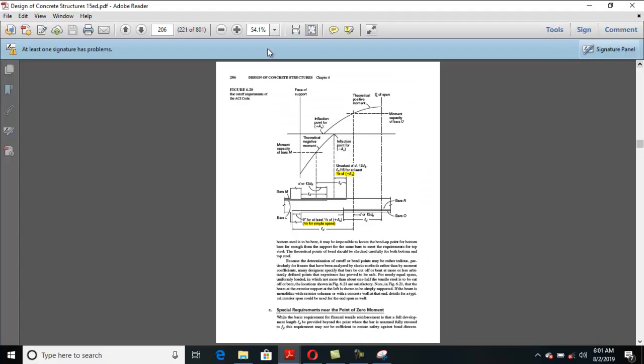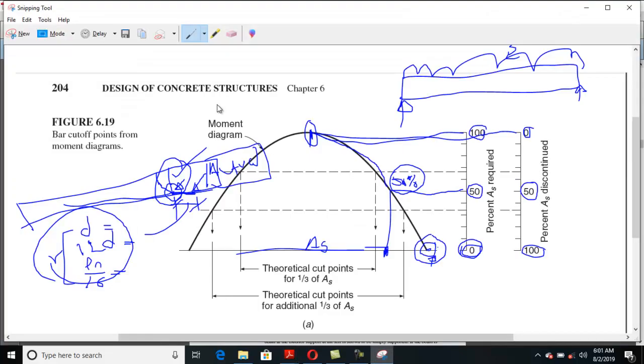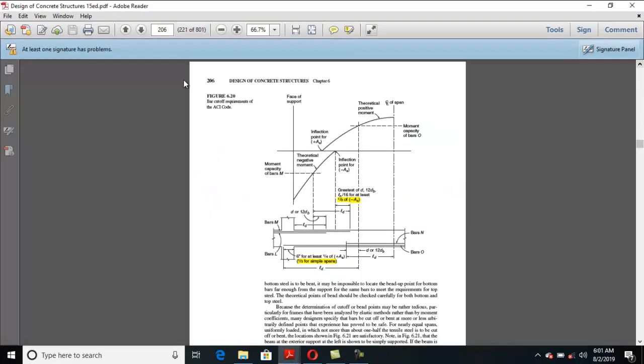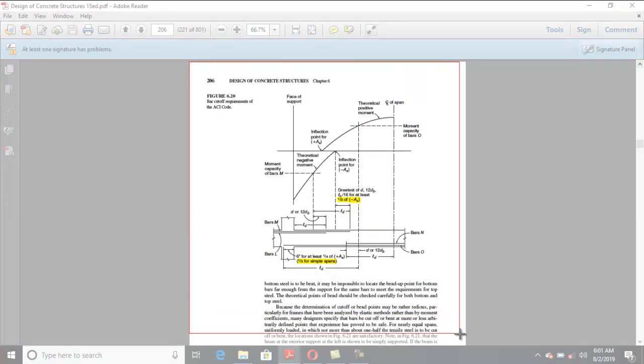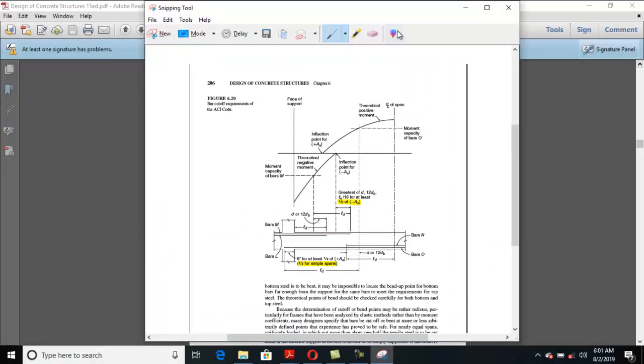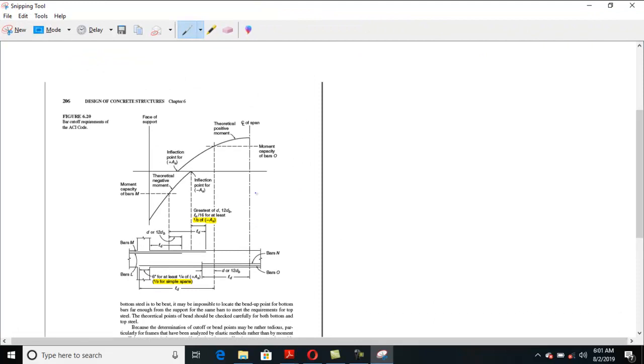This is a moment diagram for a continuous beam.